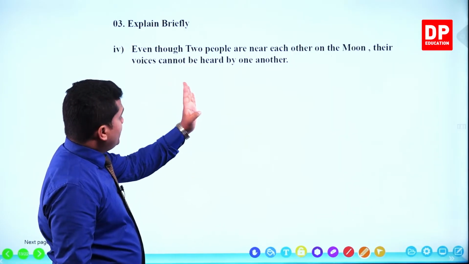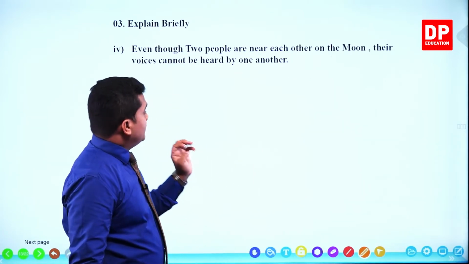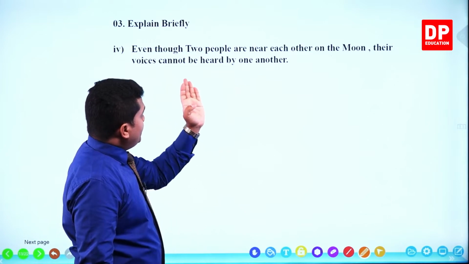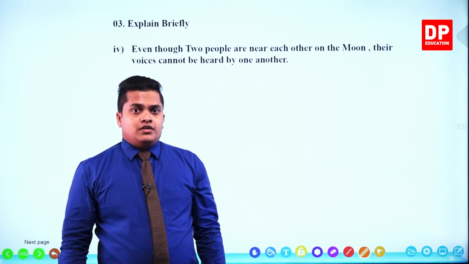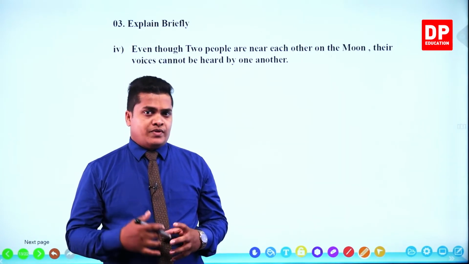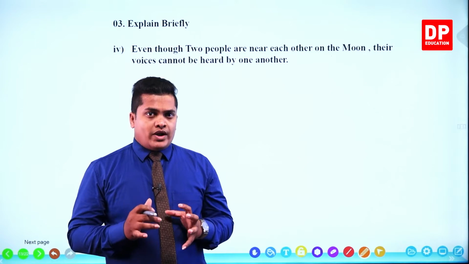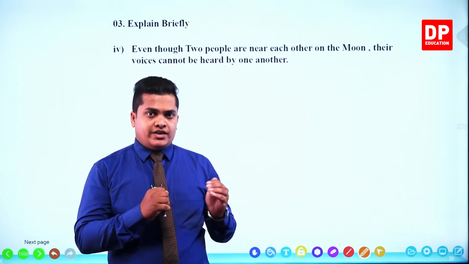Even though two people are near each other on the moon, their voices cannot be heard by one another. Now, astronauts, those are the people who go to space, no? So astronauts use headphones when communicating.